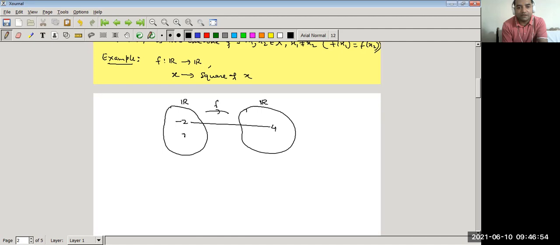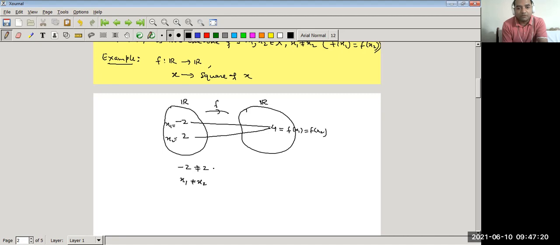But if we take 2 from the domain, then its image is also 4. So here -2 is not equal to 2. If this is x1 and this is x2, so here x1 is not equal to x2. But what happened? We get f of x1 is equal to f of x2, that is equal to 4.